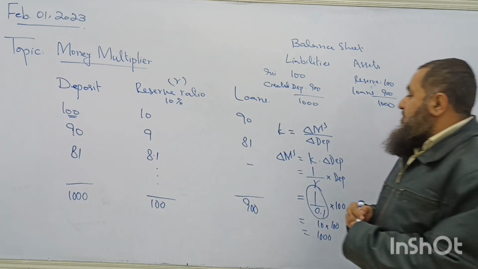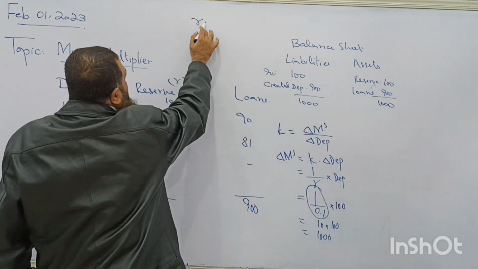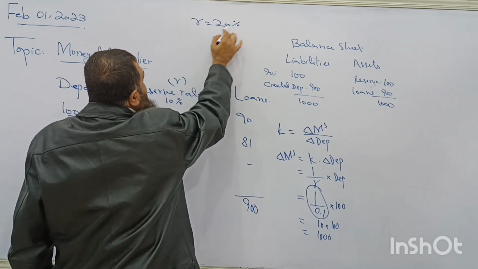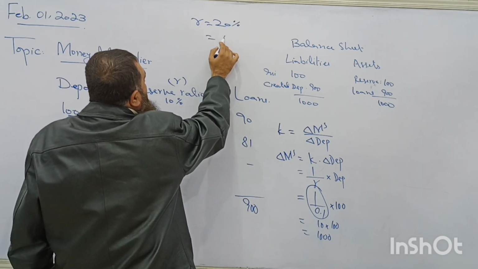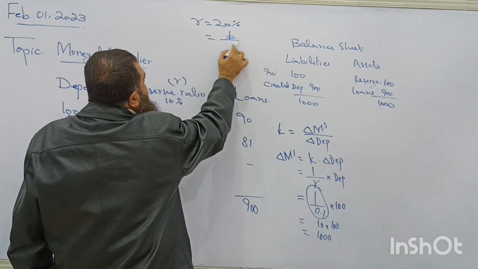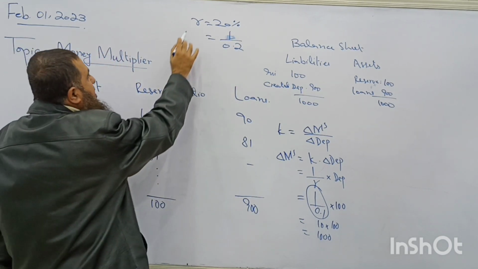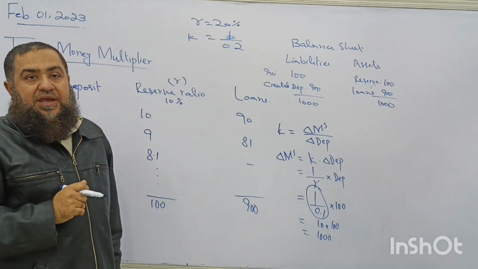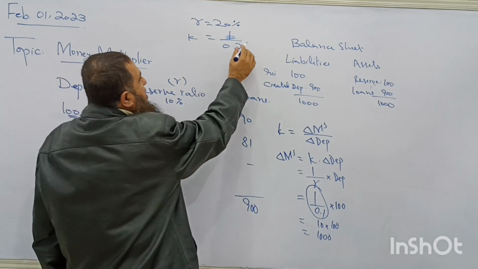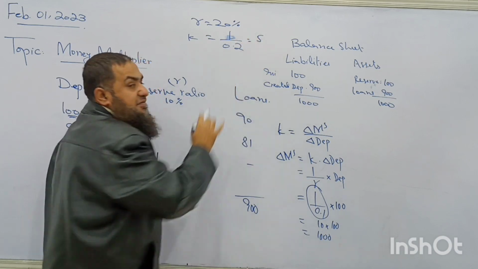So 20% means what? R is now 20%, so it is 0.2. 1 over 0.2 will be the K. So how much is the multiplier now? 1 over 0.2 is 5.